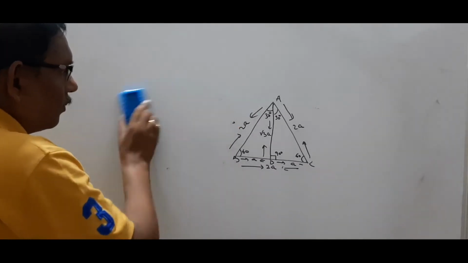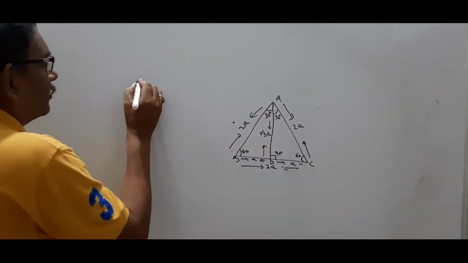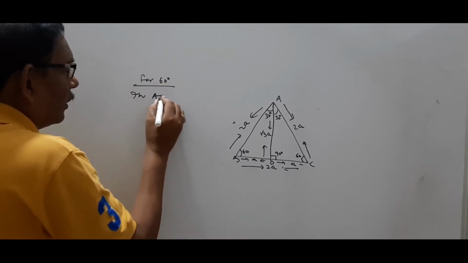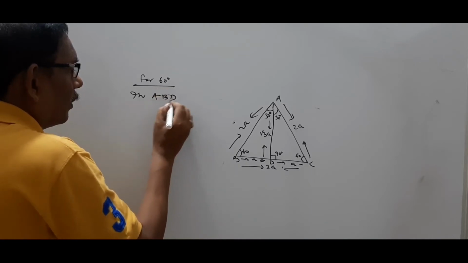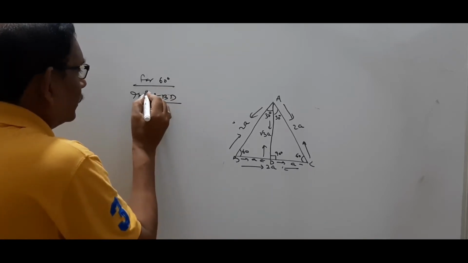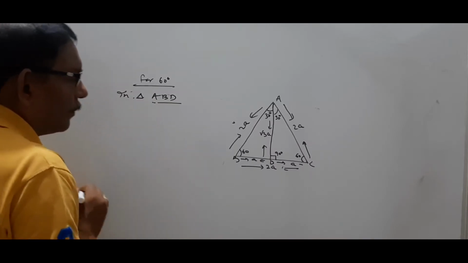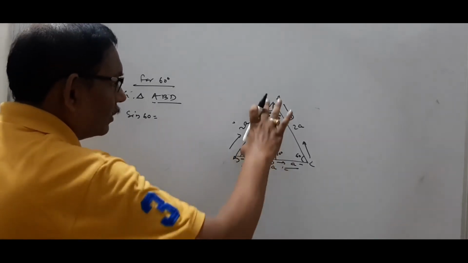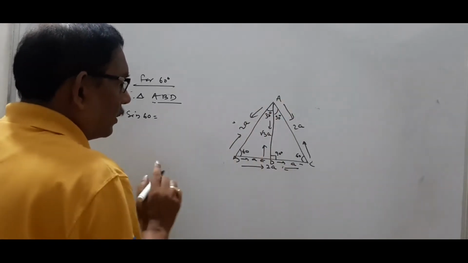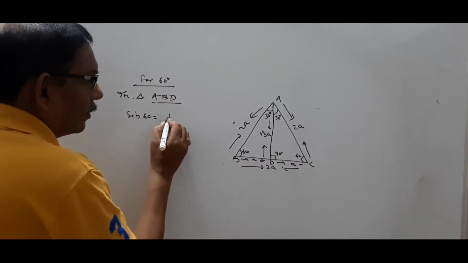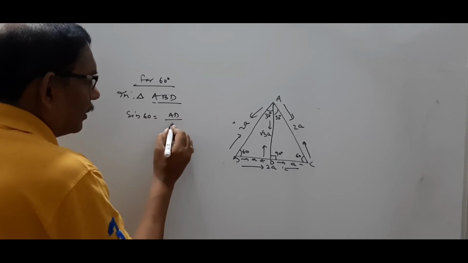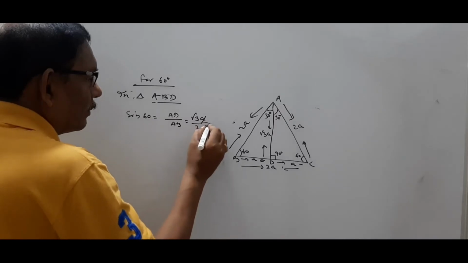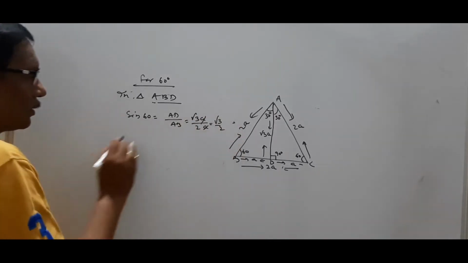Similarly, for 60 degrees, again in triangle ABD, sin 60, perpendicular by hypotenuse, AD by AB, root 3a by 2a, root 3 by 2.